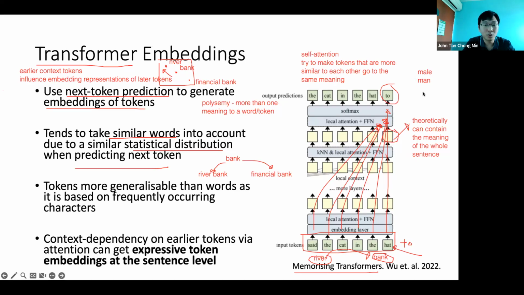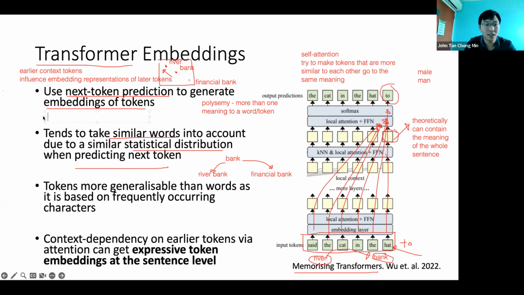Because they are doing a probability-based prediction, you are trying to predict the next token based on your existing tokens in the front. So if your statistical distribution is very, very close, like male and man appear similarly in these kinds of situations, the embeddings for male and man would be updated accordingly to be almost the same. That's one way, if the final prediction probabilities are the same.